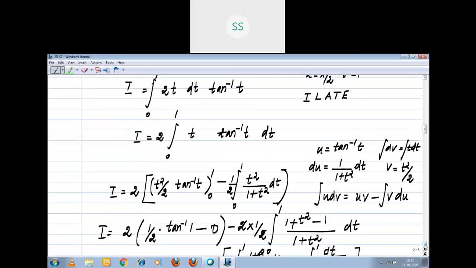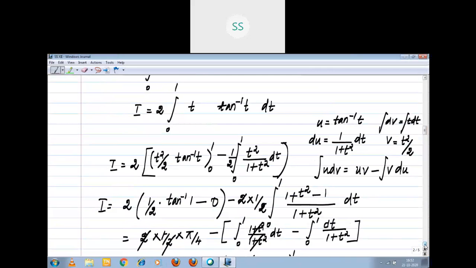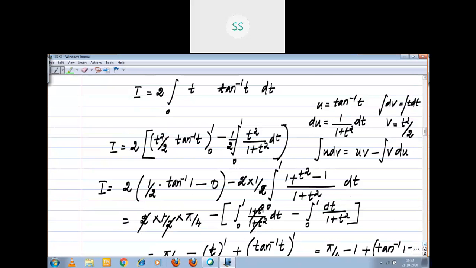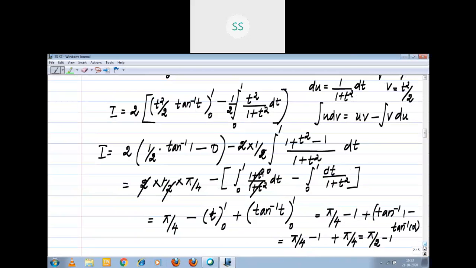Now you pass on to the second one. Based on the denominator, I modified the numerator, that is, I added and subtracted 1, then wrote it as two different integrals: 1 plus t square by 1 plus t square minus 1 by 1 plus t square. Here you get dt, and here minus into minus plus tan inverse t. So when you apply the limit, you get pi by 4 minus 1 plus pi by 4, which is equal to pi by 2 minus 1.